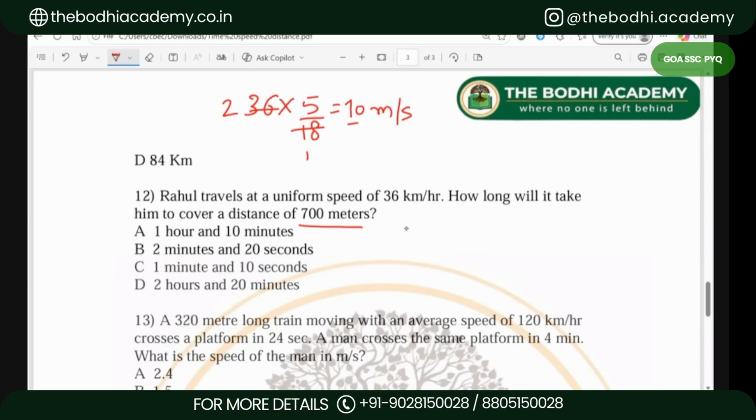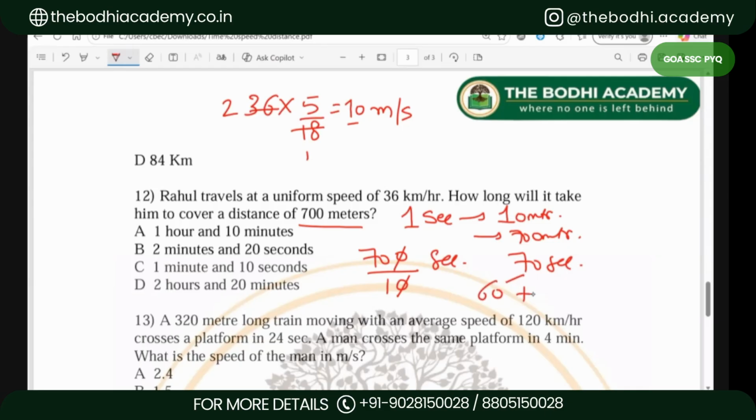The question asks how long it will take to cover a distance of 700 meters. In 1 second, he travels 10 meters. Now the distance is 700 meters. So we do 700 divided by 10, so it will be 70 seconds. 1 minute is 60 seconds.